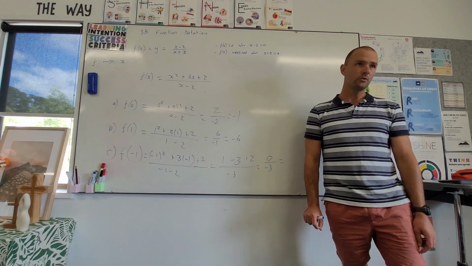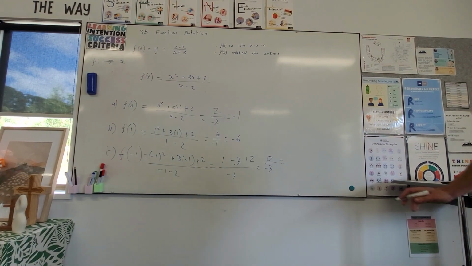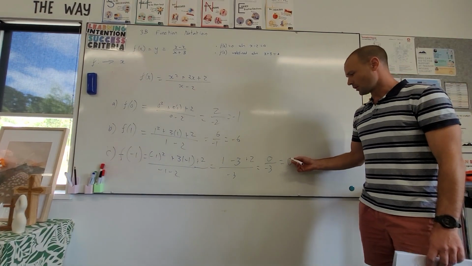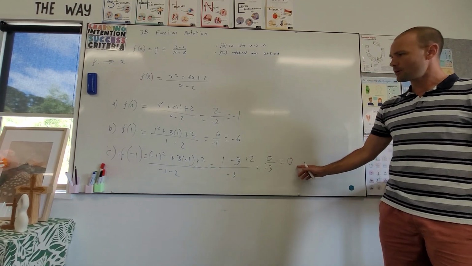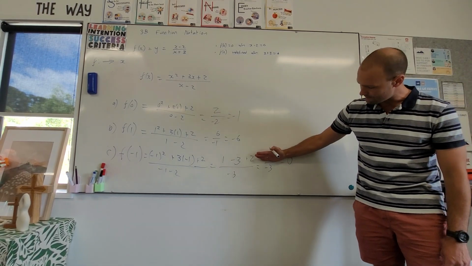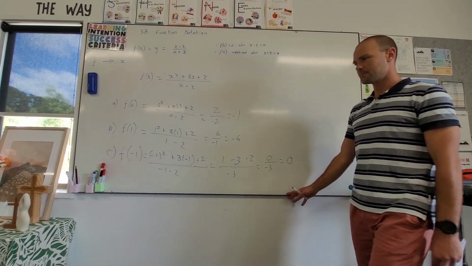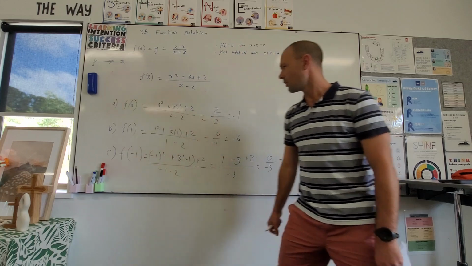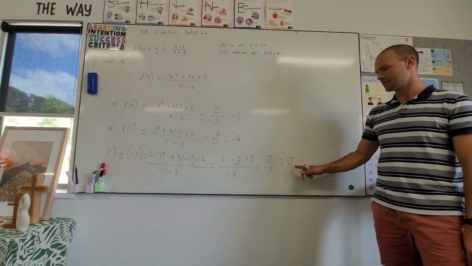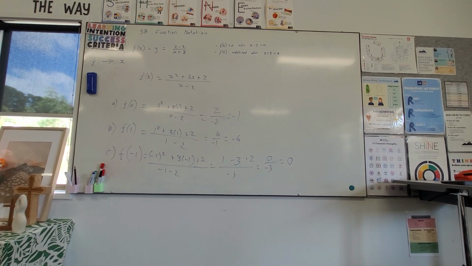What is 0 divided by minus 3? 0, okay? So 0 cakes divided by any number of people is always going to be 0. The only thing we can't do is have a denominator of 0. That's when it's undefined, right? So what this means, when x is minus 1, the y value is 0. So they're the corresponding y values.